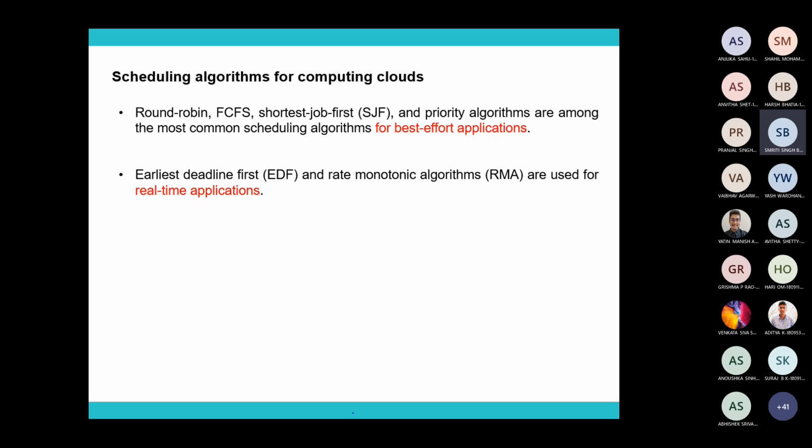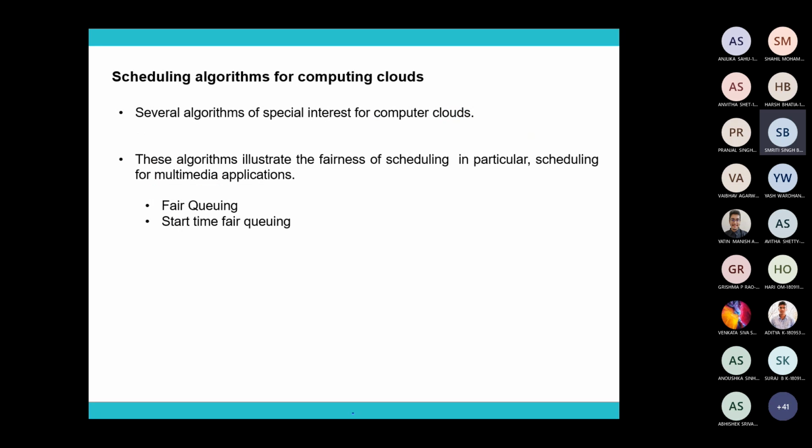And there are some other algorithms given in the literature, like earliest deadline first and rate monotonic algorithms. Those are used for real-time applications, in the sense that they make sure the real-time application will complete the task within the deadline.